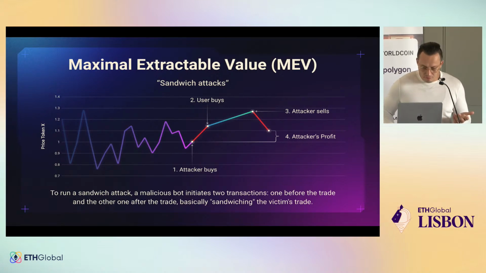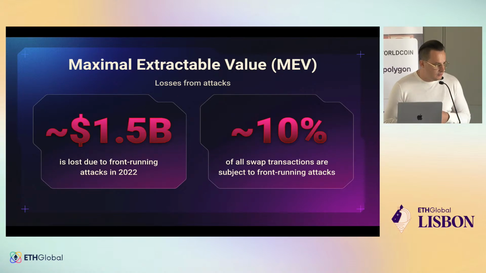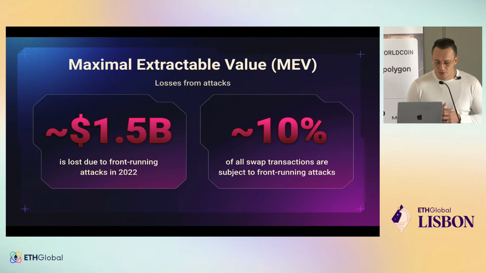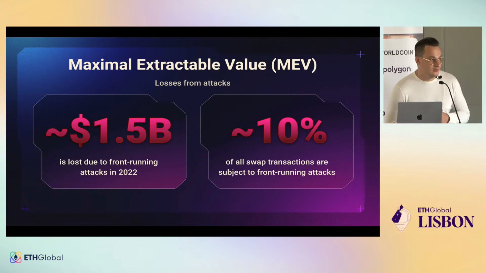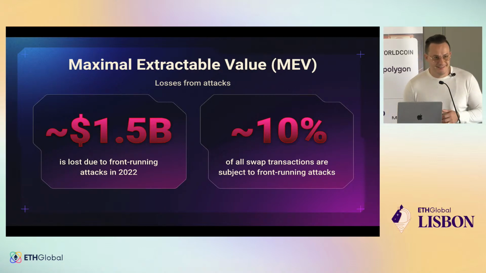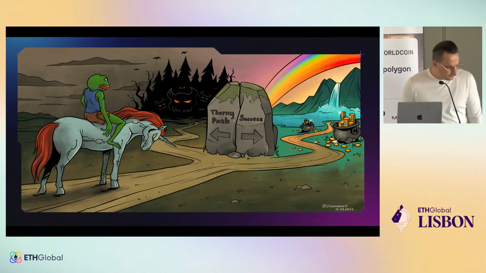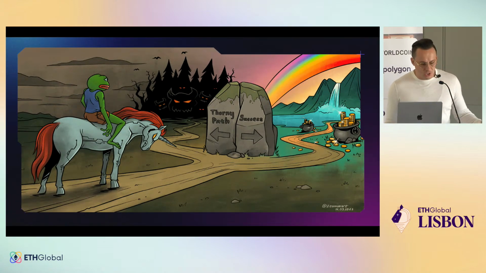So someone is doing this and they make a lot of money. Back in 2022, they earned $1.5 billion US dollars out of thin air, as the US government says nowadays. And this is around 10% of the transactions.